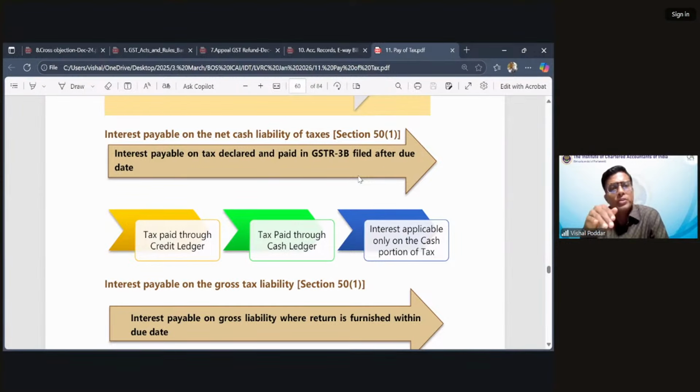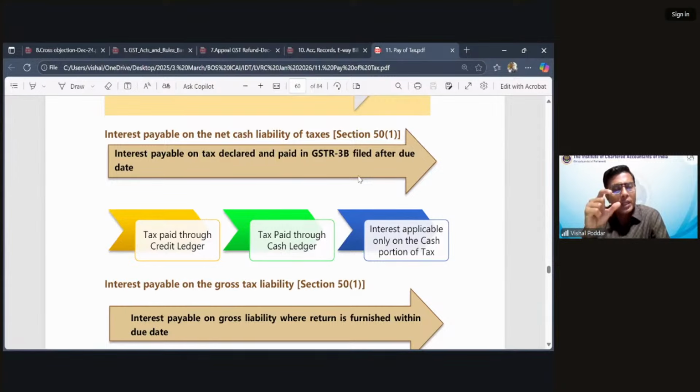So in the October's return, which I will be filing in November, I report the transaction pertaining to August. Now, same thing, there is an outward transaction of 1000, there is ITC of 600. So effectively, I am required to pay the same tax of 400 only. But here, section 50 provides that the interest would be computed on the gross amount of 1000 and not on the net amount of 400.